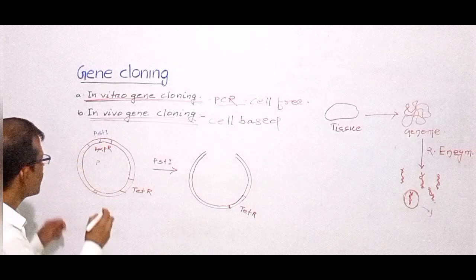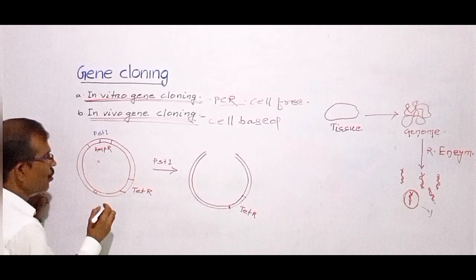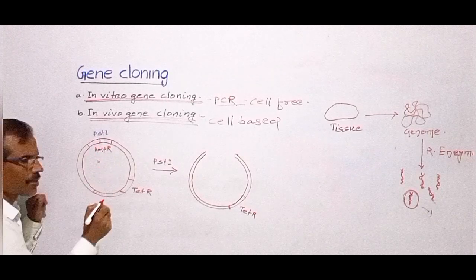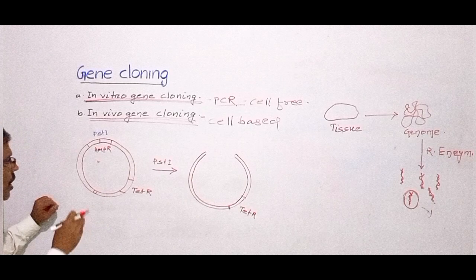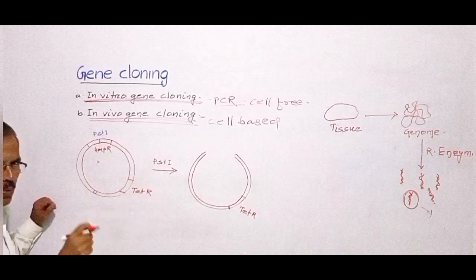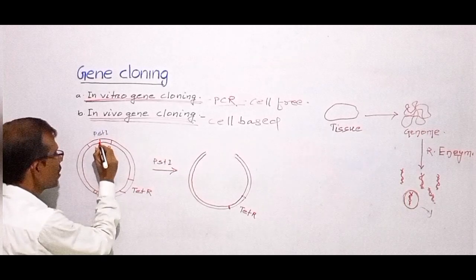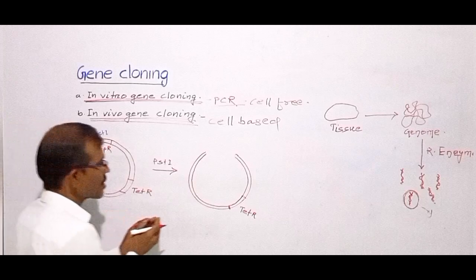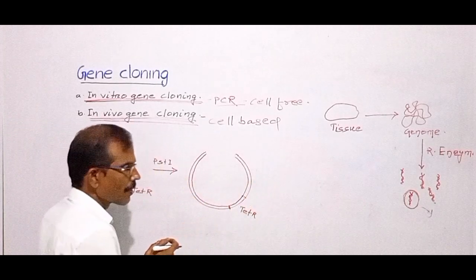The ampicillin resistance gene of pBR322 contains a recognition site for the restriction enzyme PstI. So when treated with PstI, cleavage takes place within the ampicillin resistance gene. As a result, the circular plasmid is opened and becomes linearized.